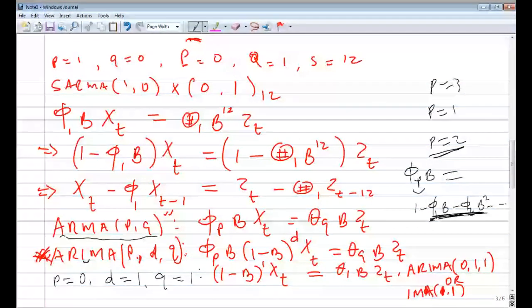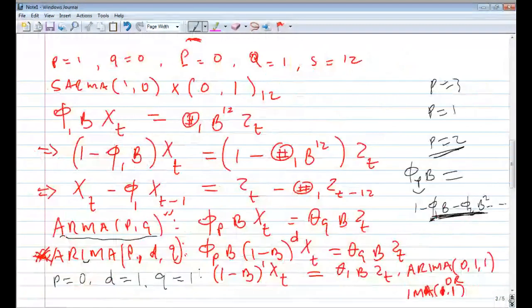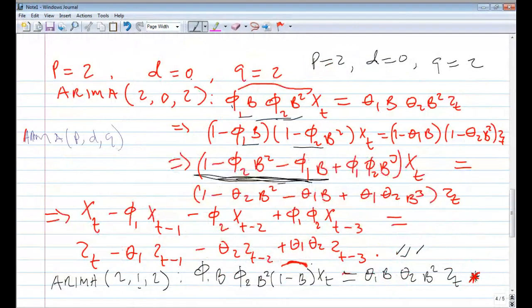Yes. Then if p is 2, it's 1 minus phi 1 B minus phi 2 B squared, right? Yes. Then when we multiply that with the differencing part, how are we going to get the phi 1, phi 2? For this one, we don't have the differencing here. We don't have the differencing. That is why I said it's 0 there.